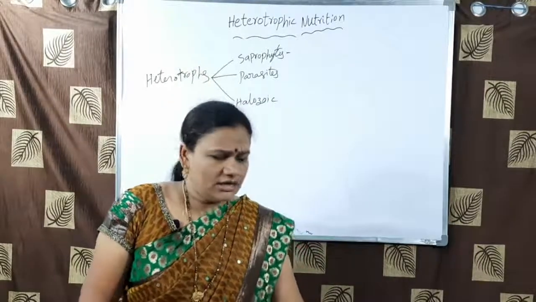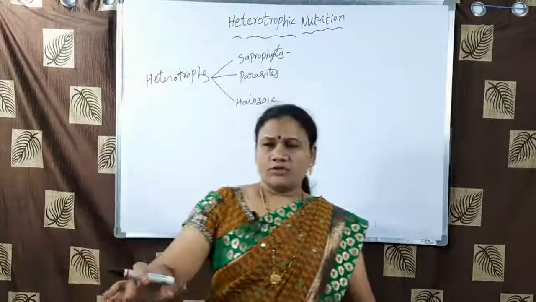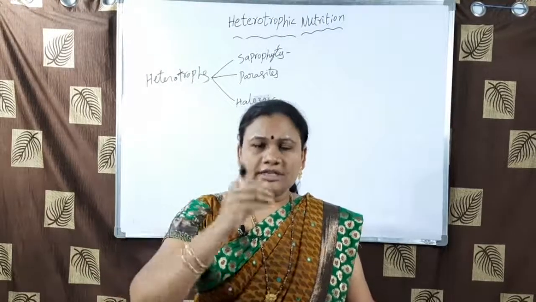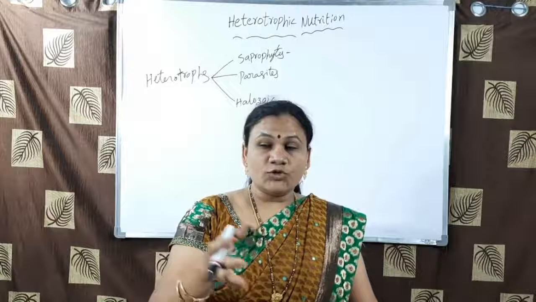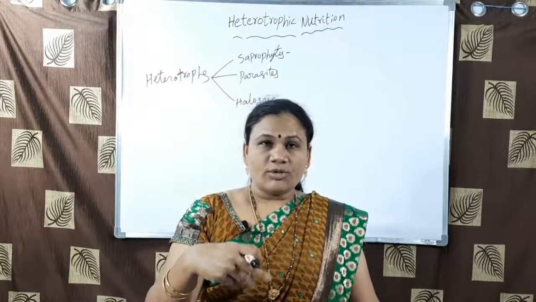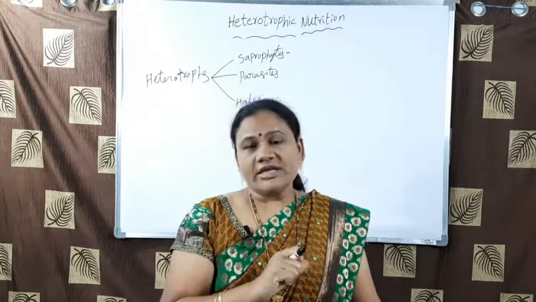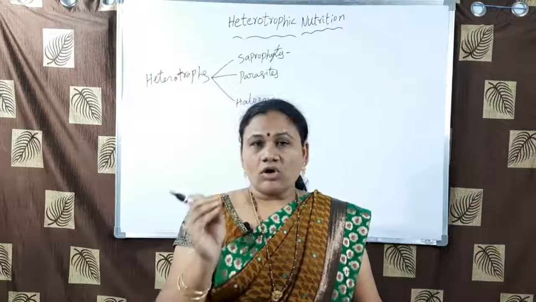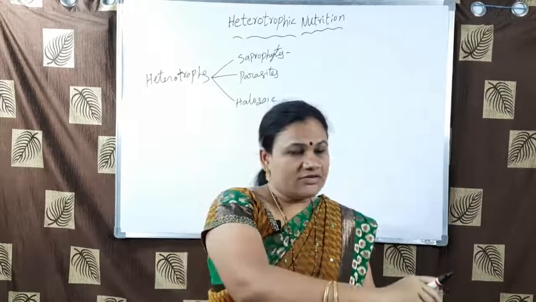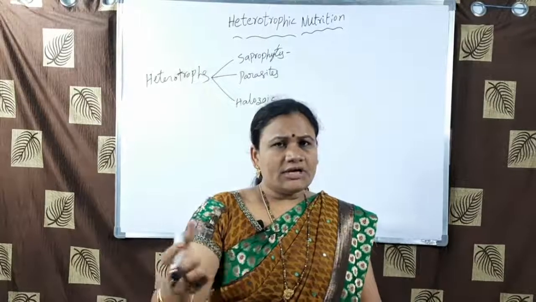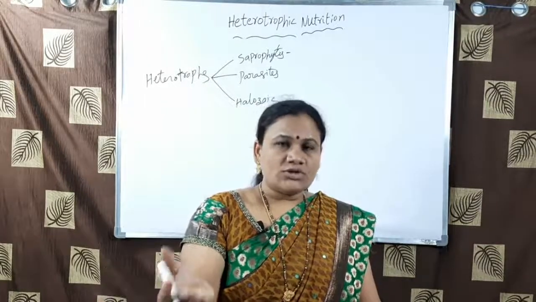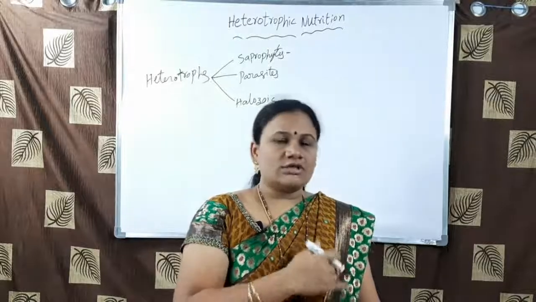Generally, animals take the food, bite and chew it, enter it into the body, and the food is digested. But their body is very complex in structure. Not all organisms' body structures are like that. Each and every organism is different from the others, so the mode of acquiring is also different.